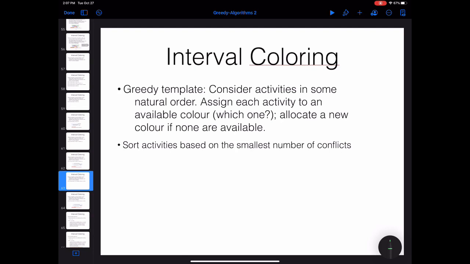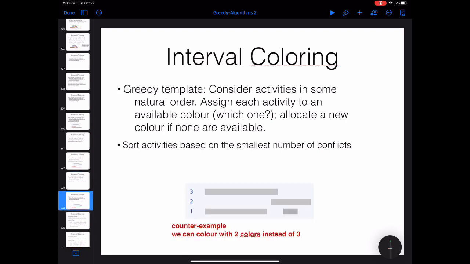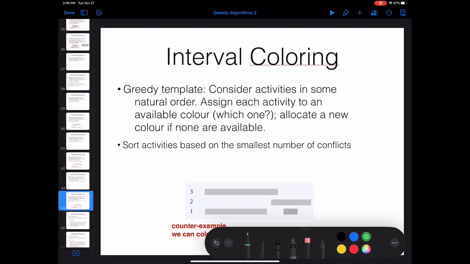The next greedy strategy was sort the activities based on the conflicts in increasing order, based on the smallest conflicts first. Again, is this one going to give me the optimal answer? Unfortunately, no, and I can find a counterexample for that. So based on this strategy, the first job that will be colored is going to be, let's actually calculate the conflicts first.